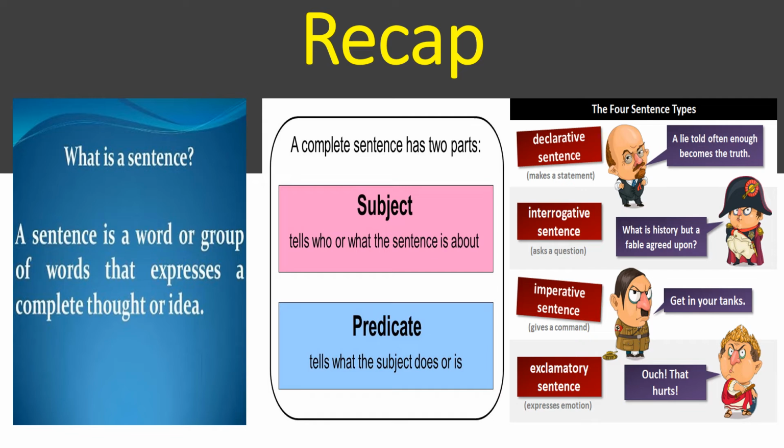And we also did learn that there are 4 different kinds of sentences. What are they? They are assertive sentences, interrogative sentences, imperative sentences, and exclamatory sentences. Now, what you all have to keep in mind, children, is that a declarative sentence is always a statement.